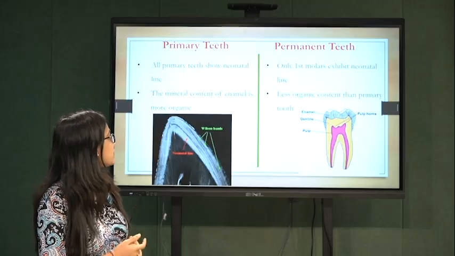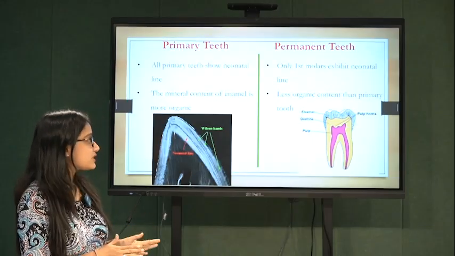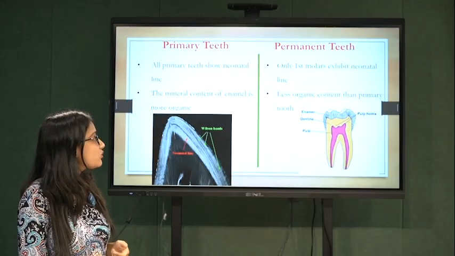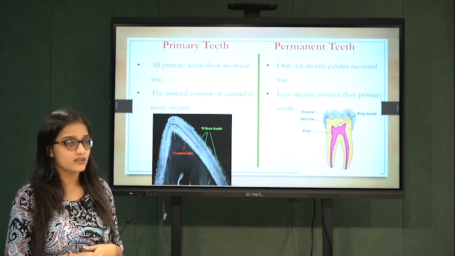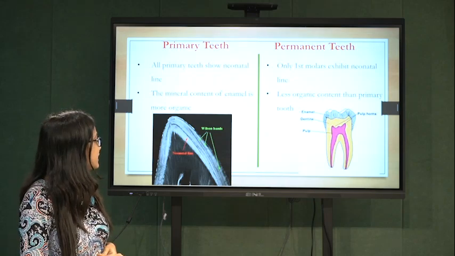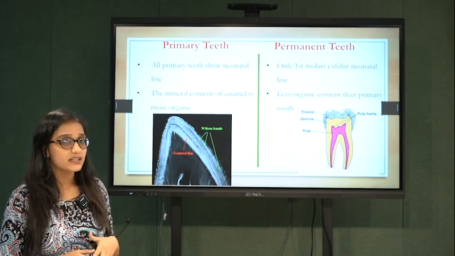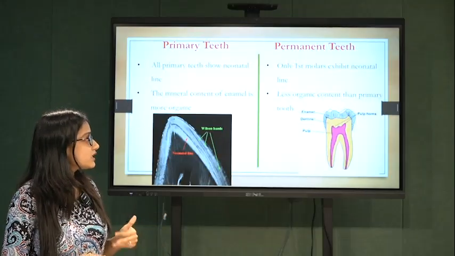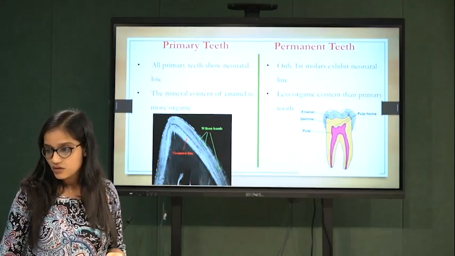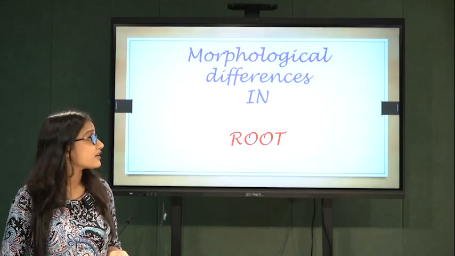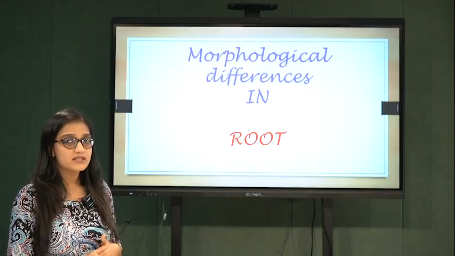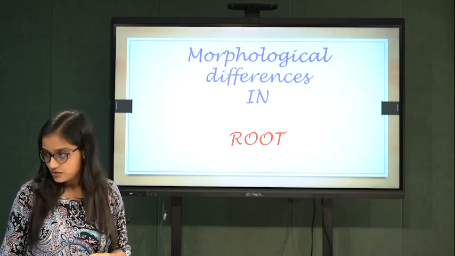All primary teeth show a neonatal line, whereas in permanent teeth only the first molar exhibits a neonatal line. And the mineral content of enamel is more organic in the primary teeth and less organic in the permanent teeth. Now we'll go ahead with the morphological differences in the root.